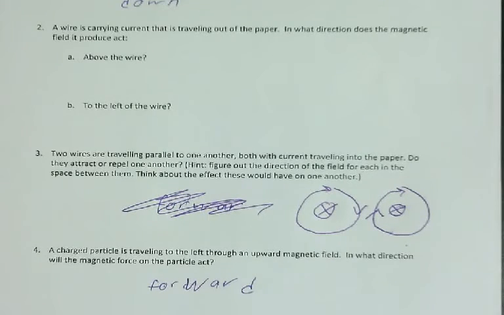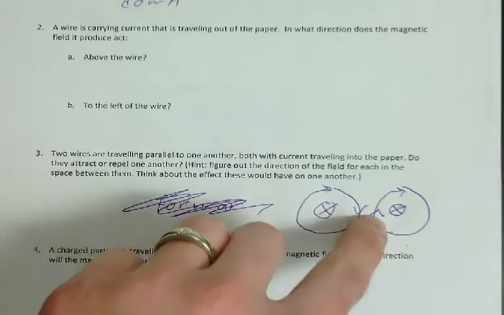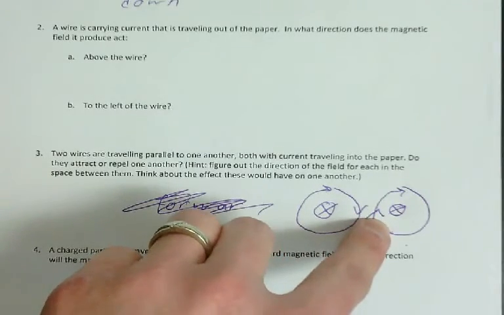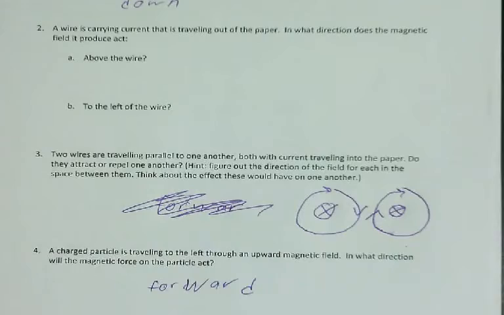Opposites attract, likes repel. Like poles repel, opposite poles attract. What we have here is two opposite poles. We have field going away from the top, pointing down. We have field going away from the bottom, pointing up. Those are going to be opposites of each other, so those would attract.